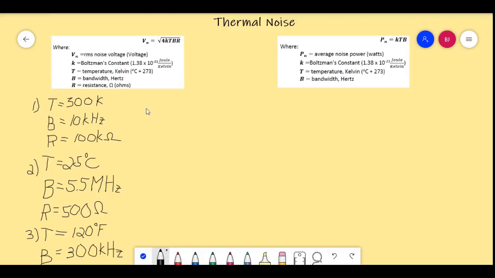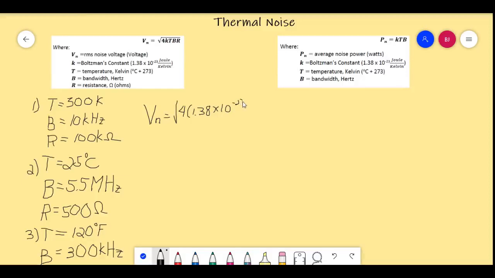which is Vn, which is equal to the square root of 4 multiplied by k. k is 1.38 times 10 to the negative 23.